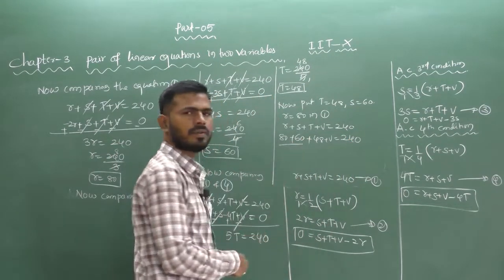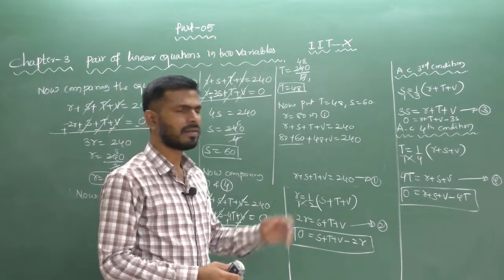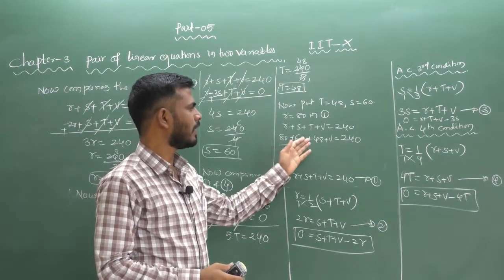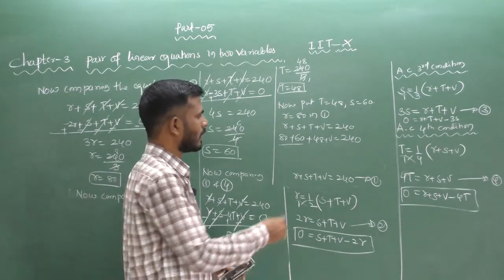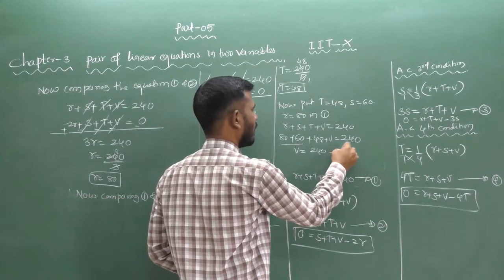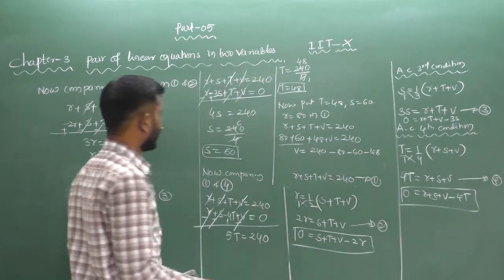So total is 80 plus 60, that is 140, plus 48. Or you can write v equal to 240 minus 80 minus 60 minus 48.